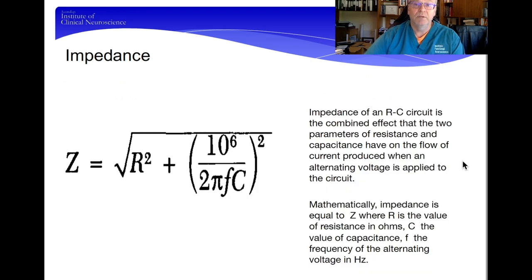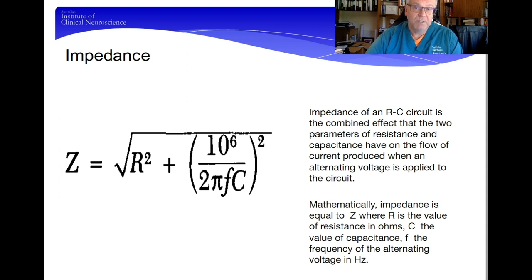Now, there's another component of connecting something and having electrons flow through different substances like your skin. And that is called impedance. So impedance is basically the combined effect of resistance and capacitance.